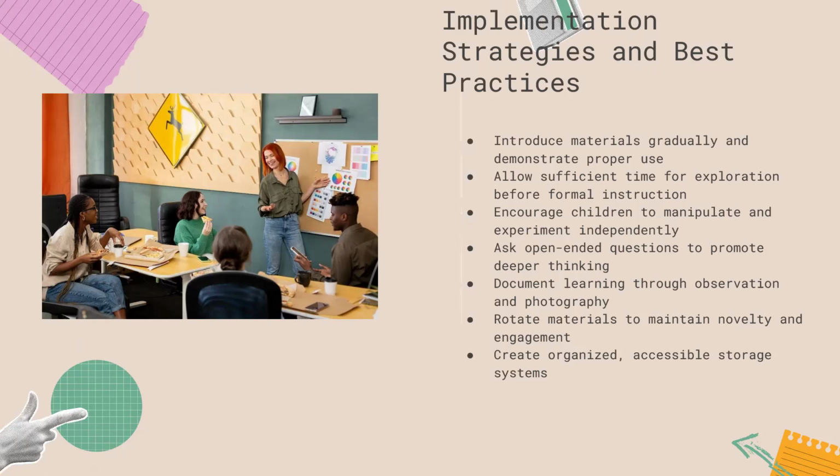Teachers should carefully observe how students interact with the materials, identify misconceptions, and provide additional support whenever necessary, right? And it is also beneficial, folks, to rotate classroom materials periodically, right? Changing resources keeps students motivated and prevents classroom routines from becoming repetitive.